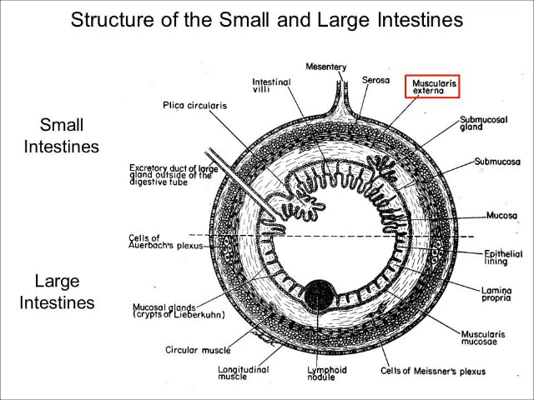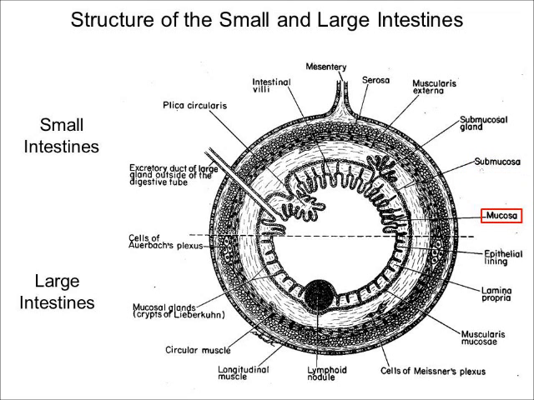In places between these two layers of smooth muscle are ganglions, which are collections of neuronal cell bodies. Inside the muscularis externa is the submucosa. This is composed of loose connective tissue that is lighter staining than the smooth muscles of the muscularis externa. You will also find blood vessels within this layer.